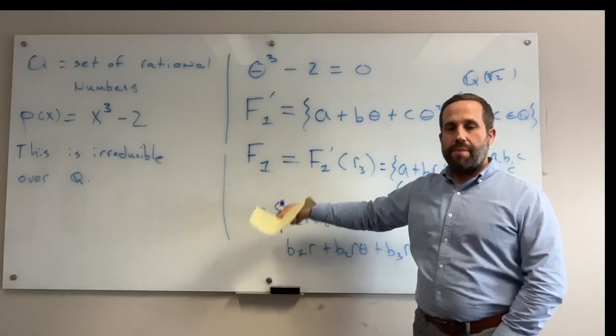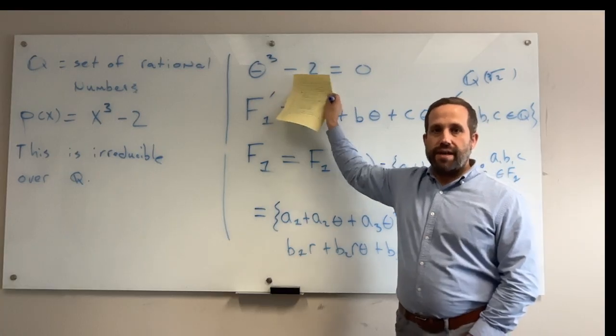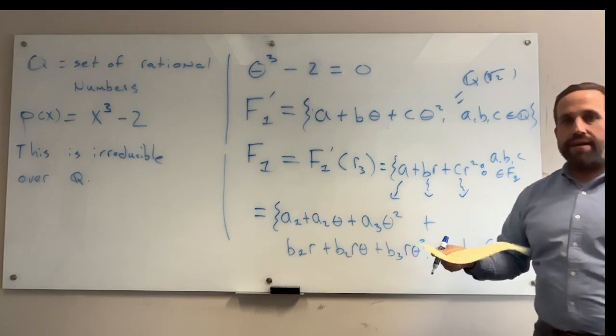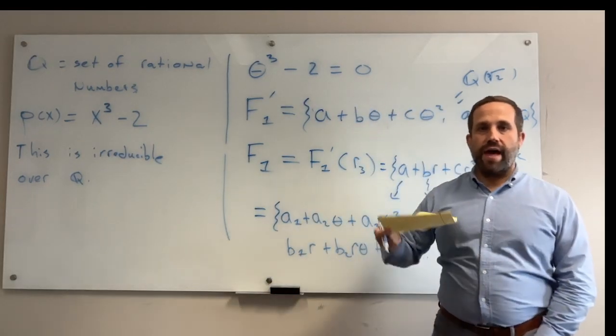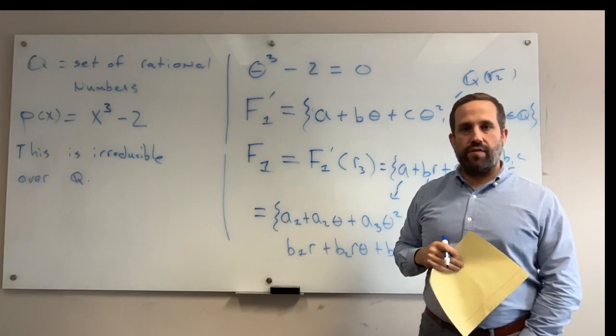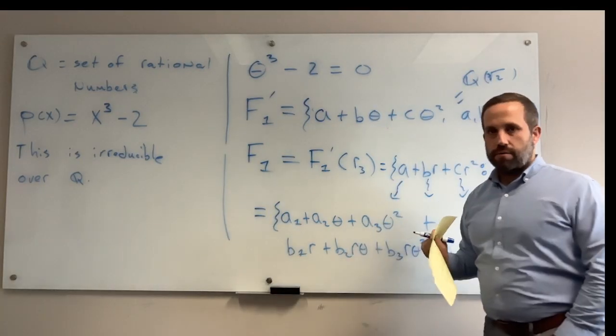So we have appended a radical. So theta cubed minus 2, this means that theta is equal to the cube root of 2. Okay, so we've adjoined a radical, but we haven't gotten all of the roots of the minimal polynomial that it satisfies. And so to do that, we need to add these roots of unity as well.